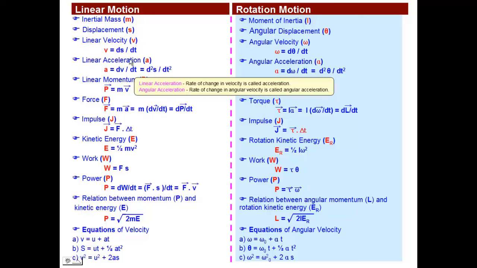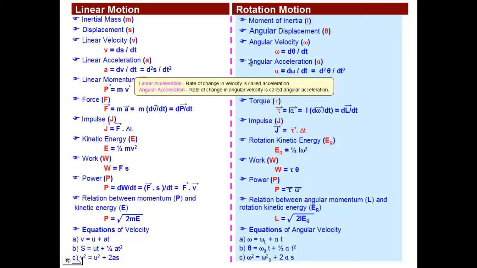In linear motion, we have acceleration. Linear acceleration is the rate of change of velocity. It is the simple definition. So a equals dv by dt, and using the velocity formula, it is d squared s by dt squared.